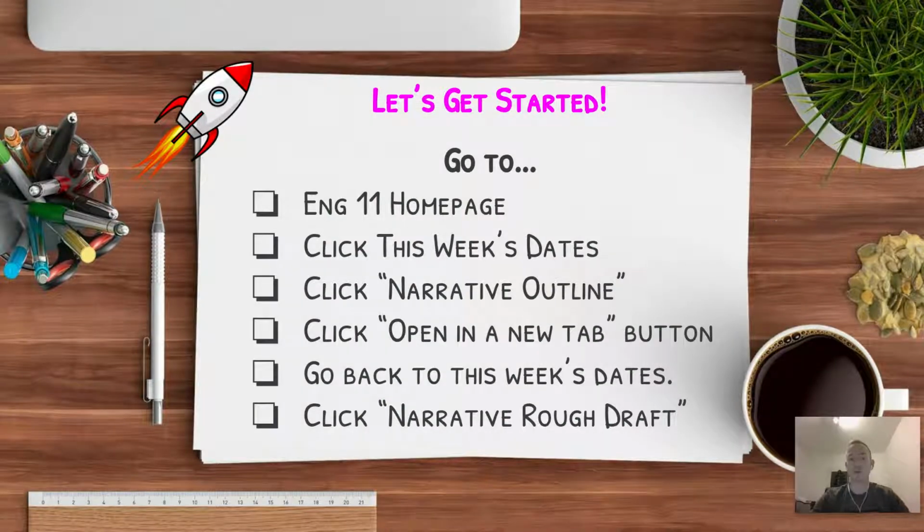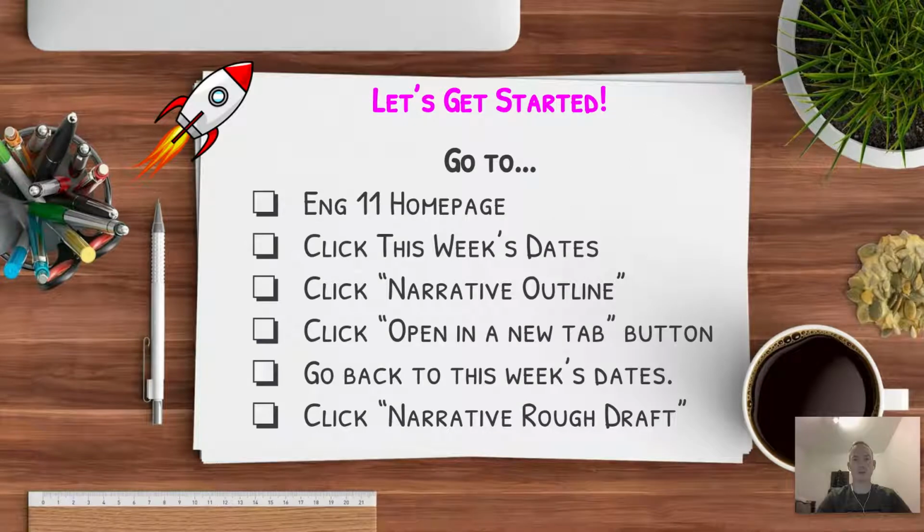So first, we need to take a look at your feedback for your narrative outline. You would go to the homepage, go to this week's dates, then scroll up to week 7, day 2, where your narrative outline was, click on that and click the Open in a New Tab button. Once you open that, you should be able to see any comments that I put in there.